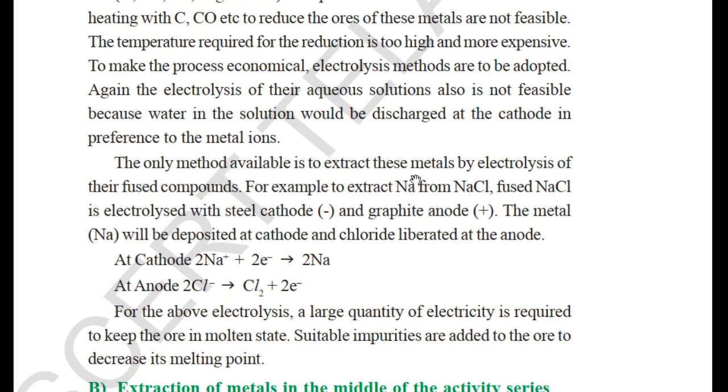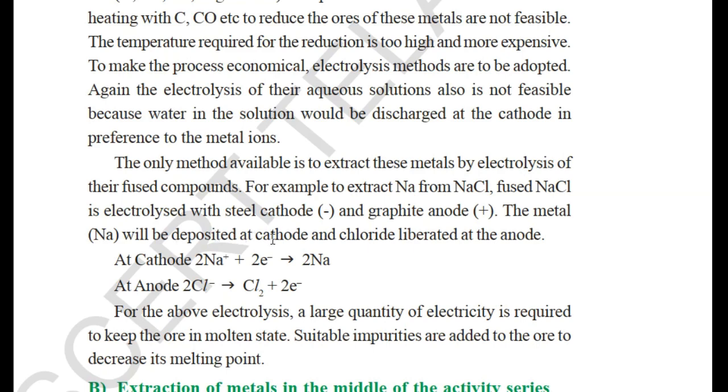The only method available to extract these metals is electrolysis of fused compounds, for example, fused sodium chloride, which is electrolyzed with a steel cathode and graphite anode. Here we use two types of rods: steel, which is the cathode (negative), and graphite rod, which is the anode.